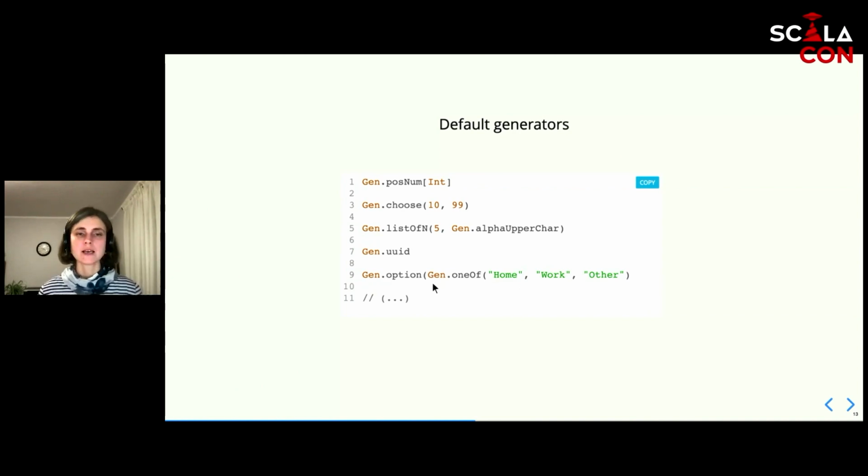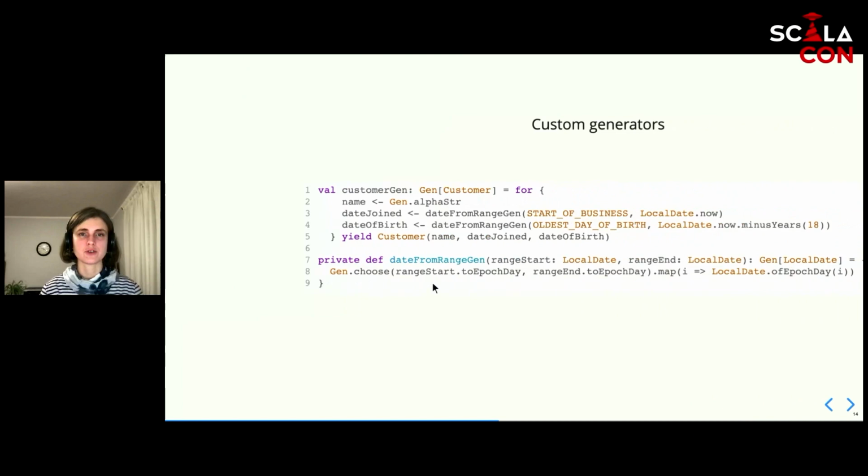But sooner or later, you will find the situation that you have your common specific type that you need a generator for. So what do you do then? Well, you combine the generators and create generators on top of generators using other generators and so on to have the perfect generator.